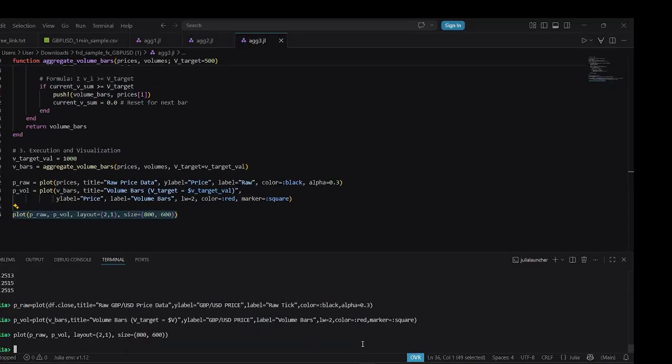But let's decrease the volume target even more. Let's say we have a volume target of 3.